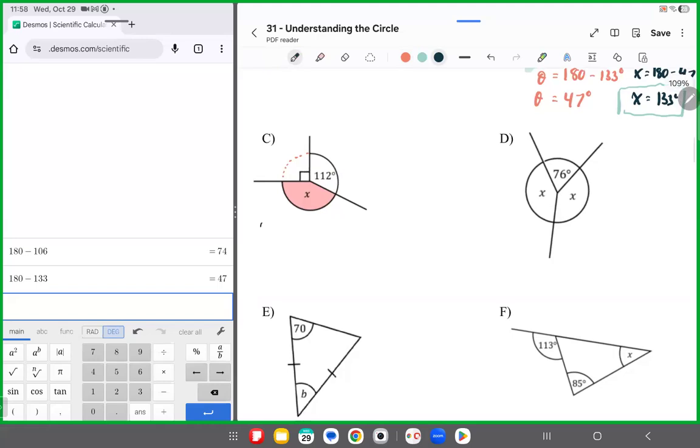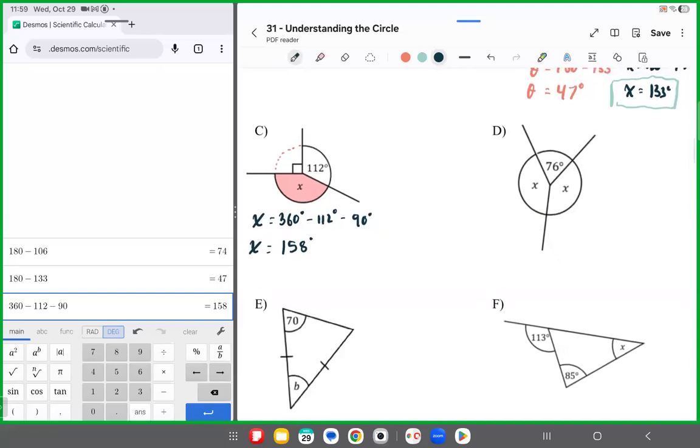So the missing angle x would be equal to 360 degrees minus 112 minus 90 degrees. So x would be equal to what? Well, 360 minus 112 minus 90 is going to give us an angle of 158 degrees. We're just using the fact that the circle contains 360 in order to solve this.